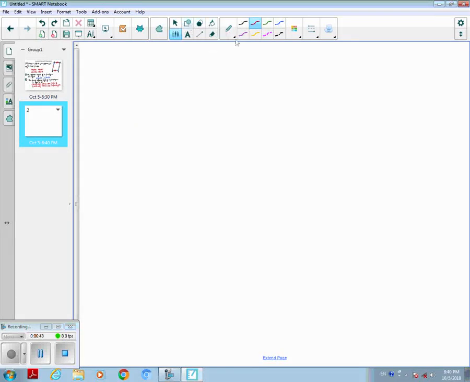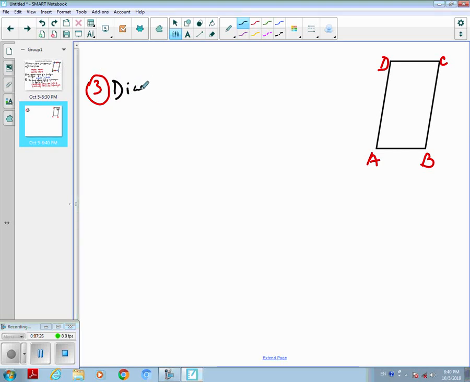Now we come to the third property. This is a parallelogram ABCD. The third property says that the diagonals of a parallelogram are equal or not equal?